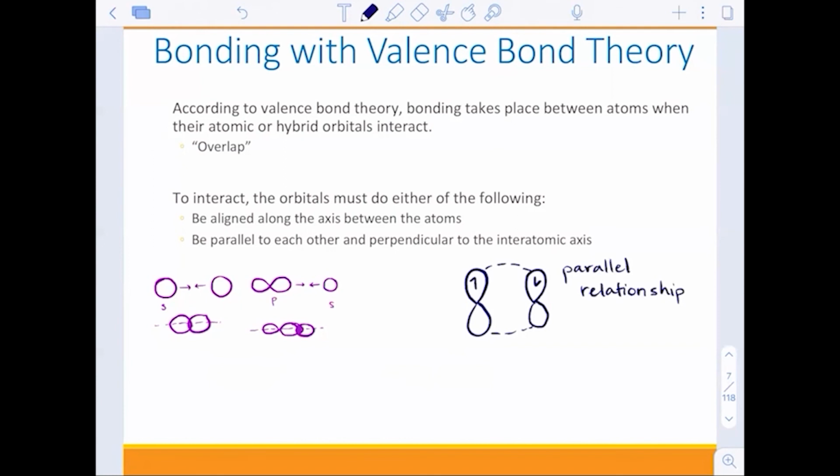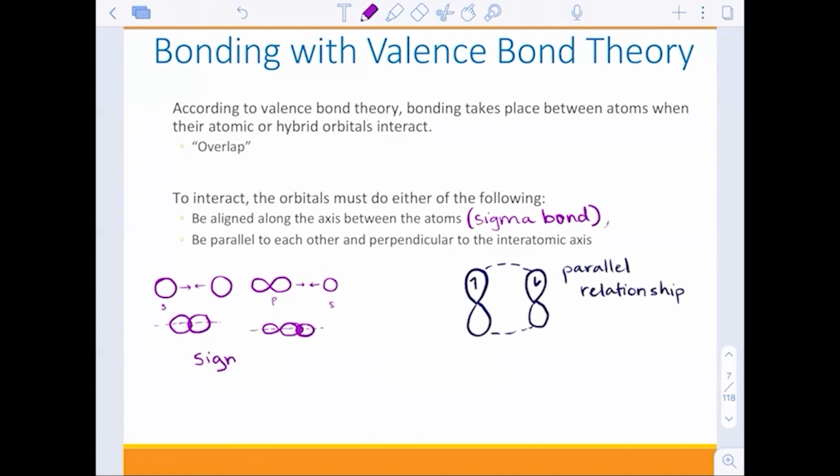The one that's aligned along an axis, we'll call that a sigma bond. A sigma bond is always going to be a very strong bond. It's that direct overlap of atomic orbitals.